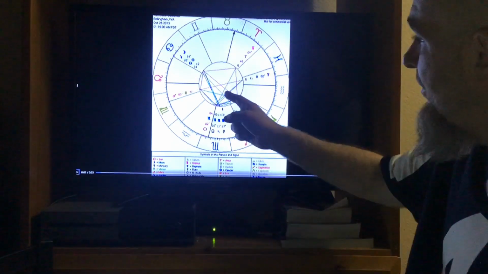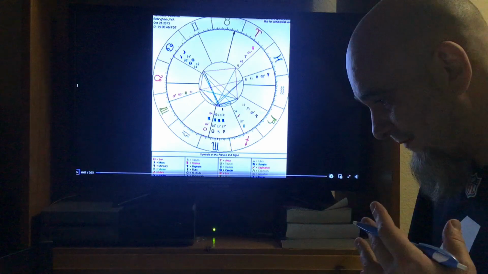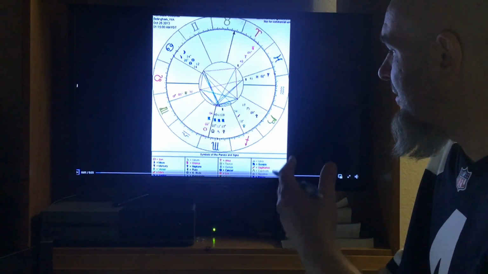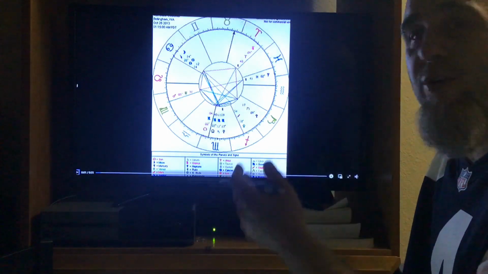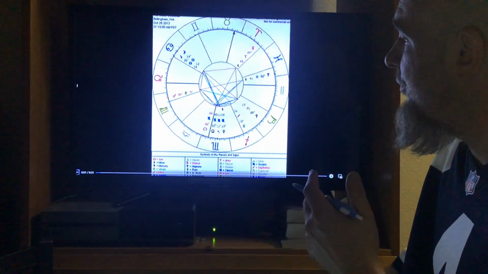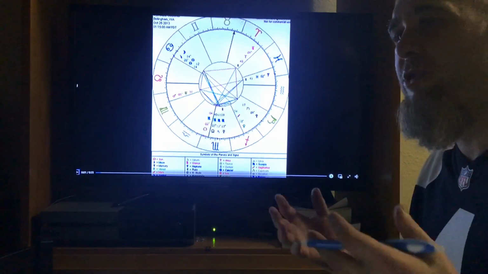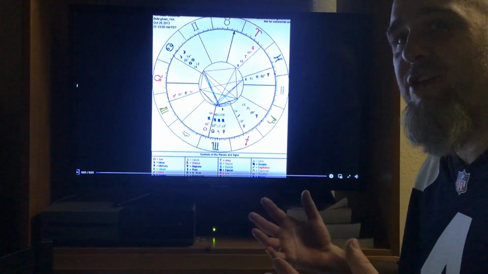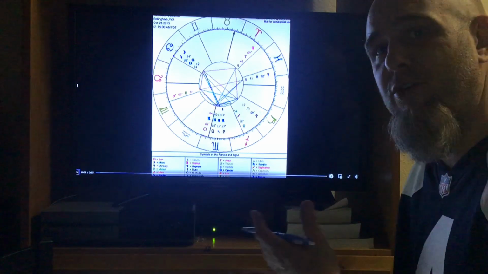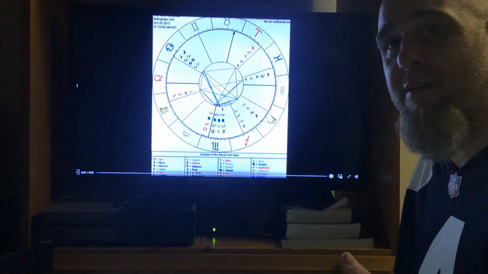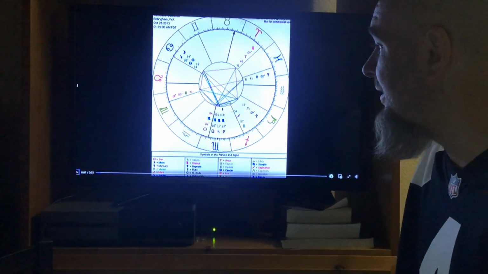Now onto these little lines. Once you understand that each sign is broken down into degrees, you can interpret things called aspects. What those are is they describe the energy that's released between two planets, and each aspect has its own type of energy.